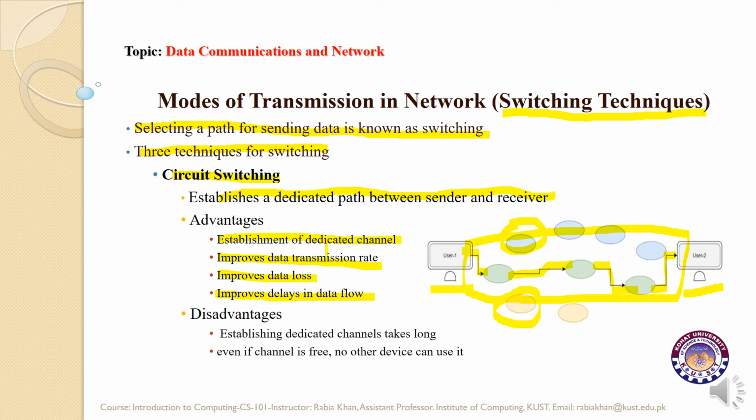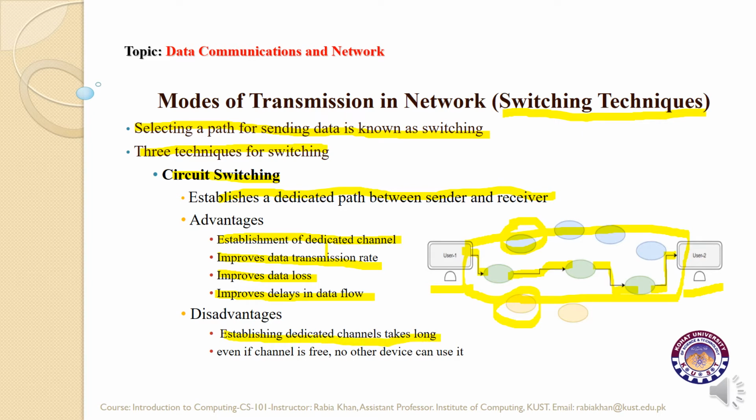Now, apart from the benefits or advantages, circuit switching may bring some disadvantages, but the disadvantages are fewer than the benefits that it brings. What is the disadvantage? Establishing a dedicated channel takes long.